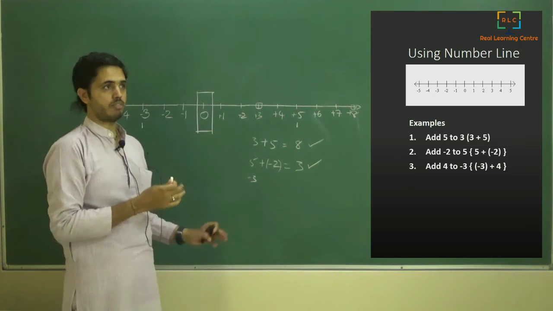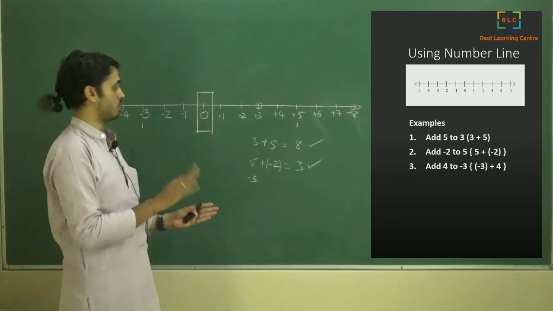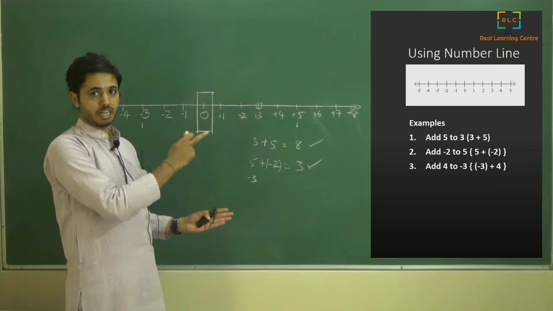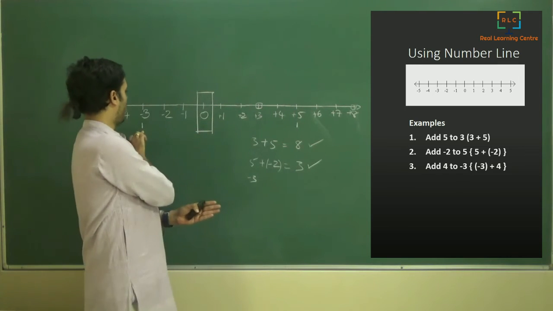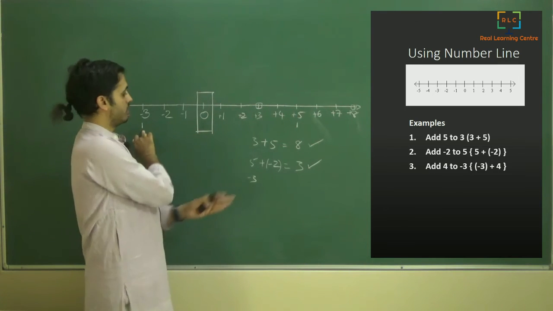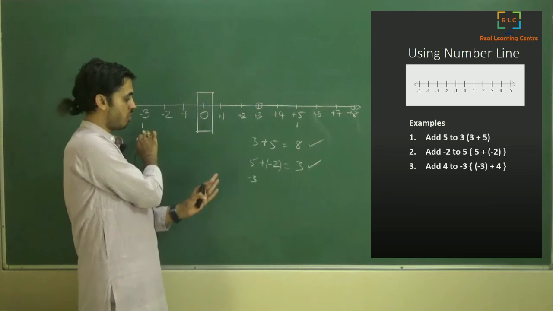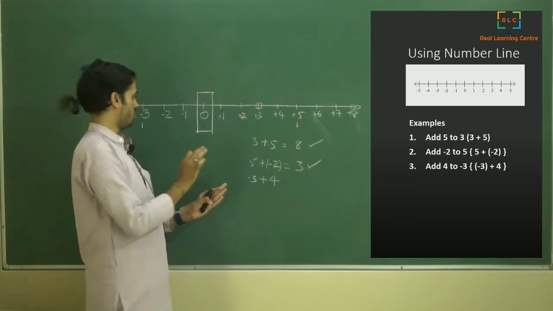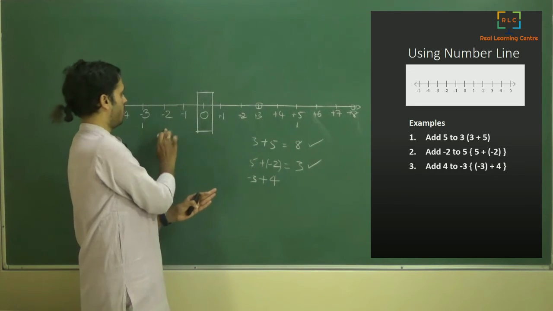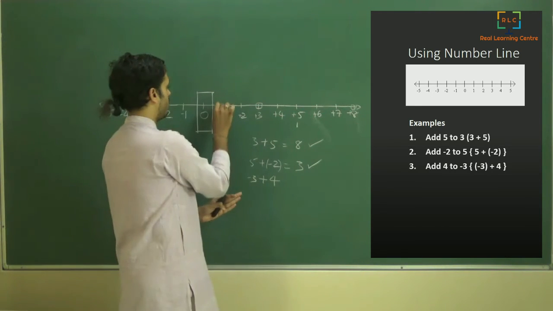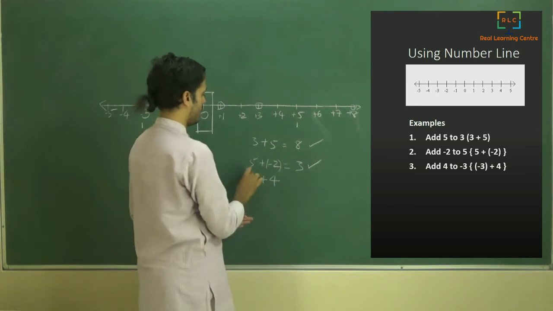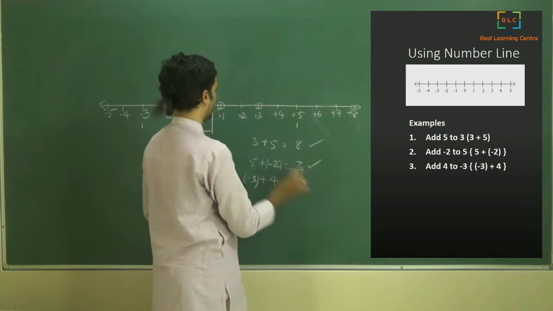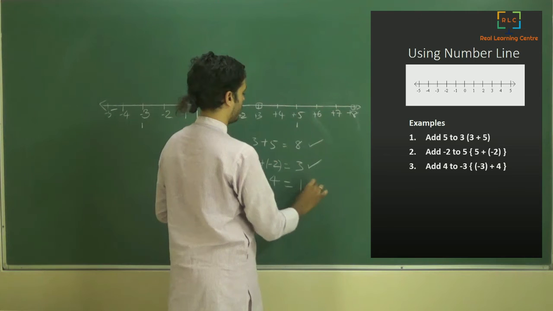Add 4 to it, and 4 is a positive number, so it grows in the right direction. Since add is used, follow the direction of 4. From minus 3, 1, 2, 3, 4. So now minus 3 plus 4 is equal to plus 1.